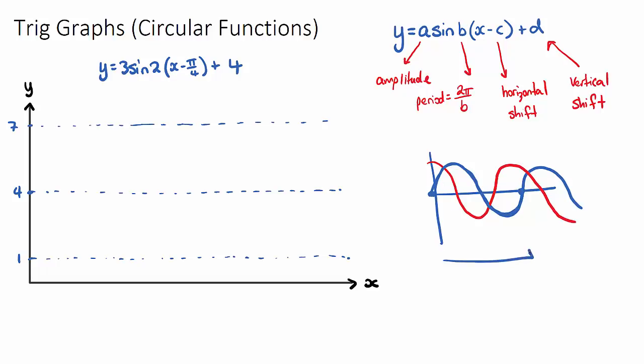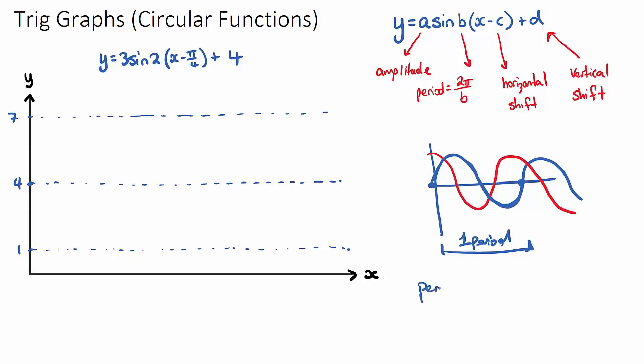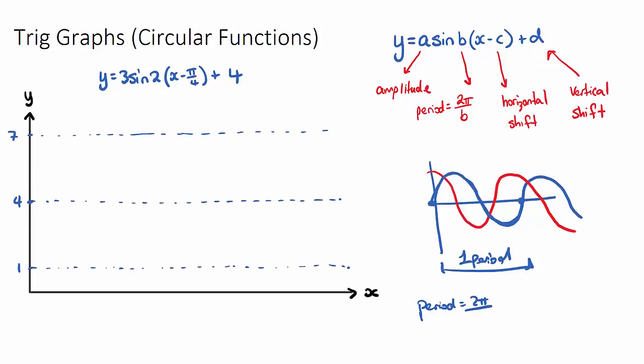That is one period. The period of a trigonometric function, or a circular function, is 2 pi on b. So if we know b is 2, our period will be 2 pi on our b value, which was 2, which is pi.